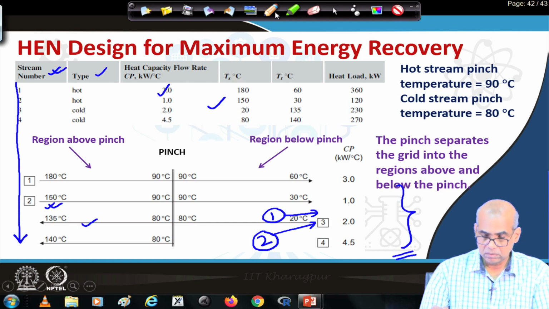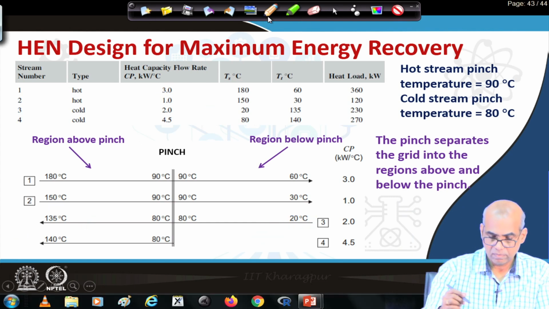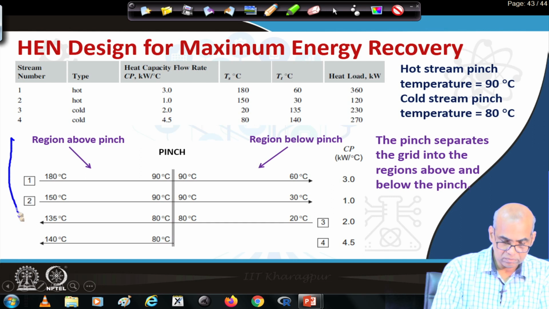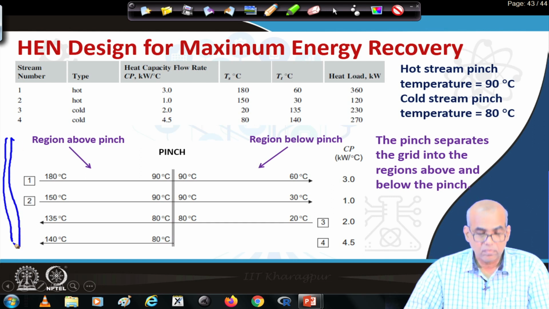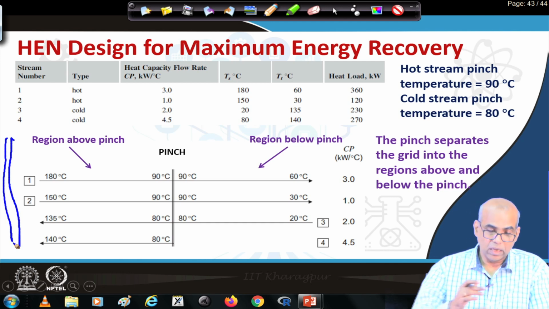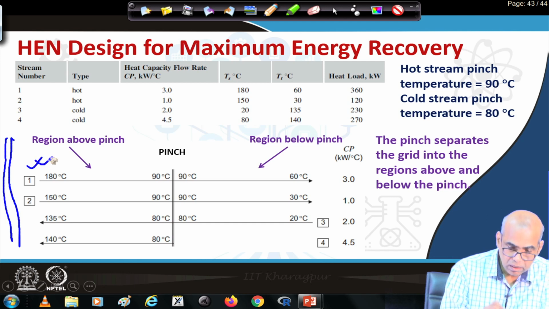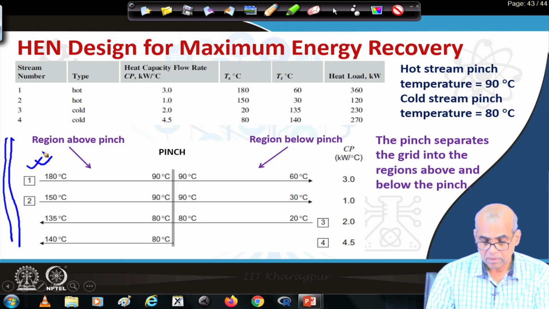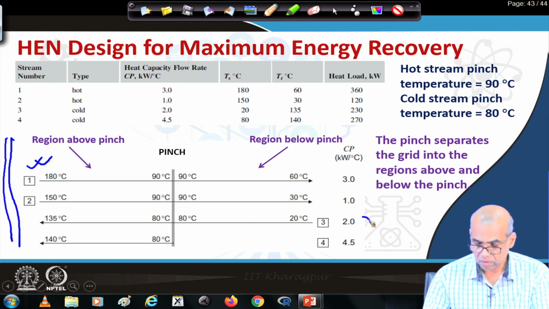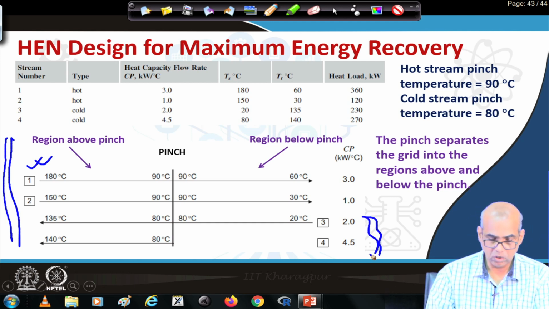Now, let us look at the grid representation. So, the hot streams are towards the top of the grid, and the cold streams are towards the bottom of the grid.